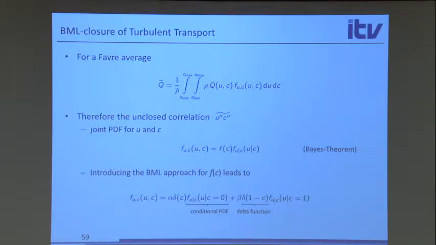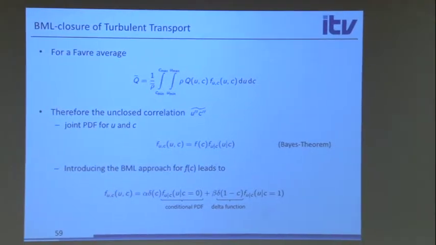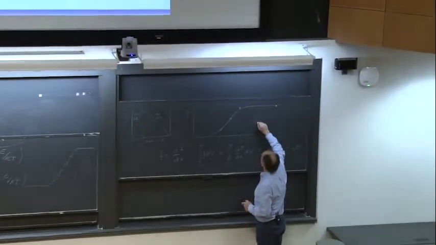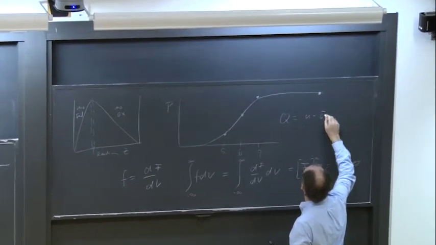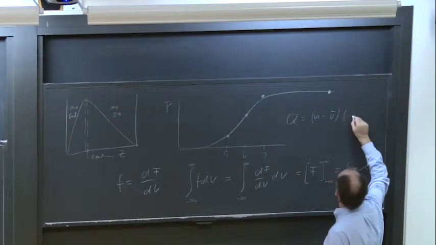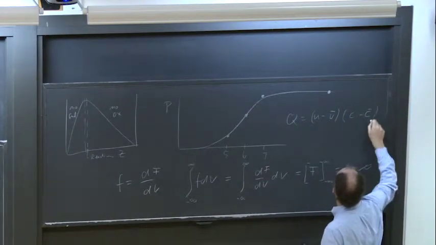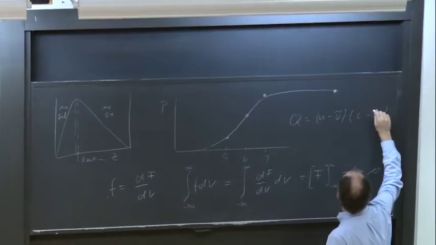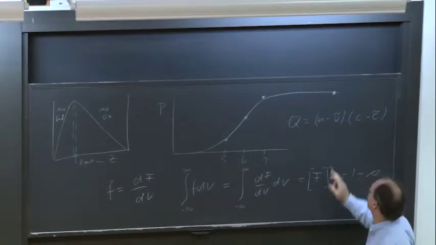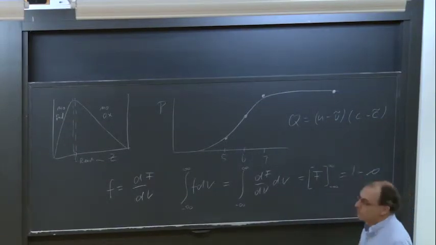I should write it like this. The Q in this case would be U minus U mean times C minus C mean. That should be the Favre average, so this would be U double prime, and this is C double prime.